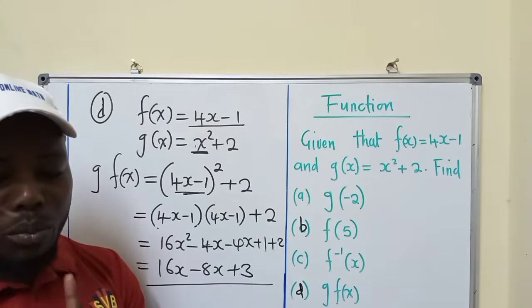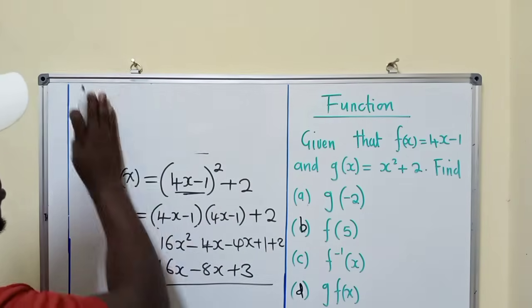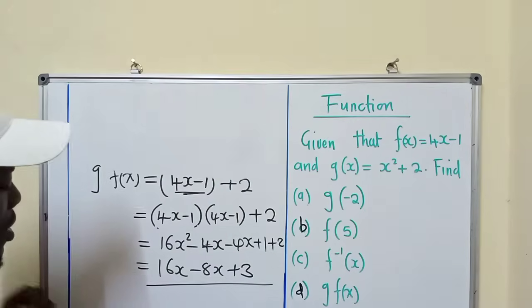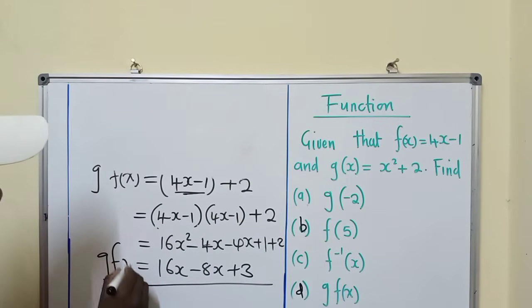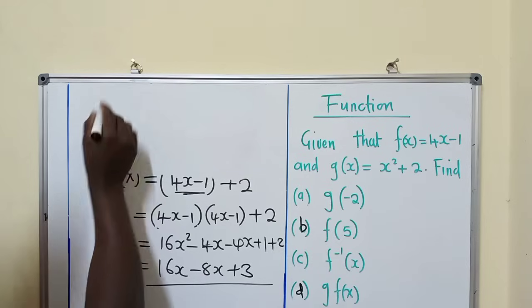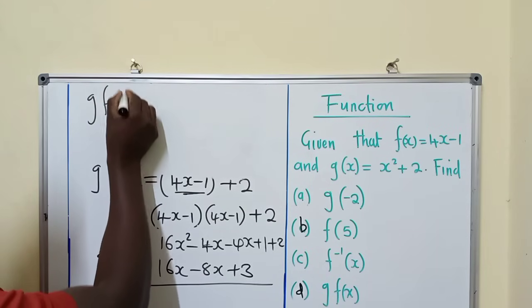And lastly, this is the bonus. We know that what we found here is g of f of x. Now, what if I say find g of f of 1?